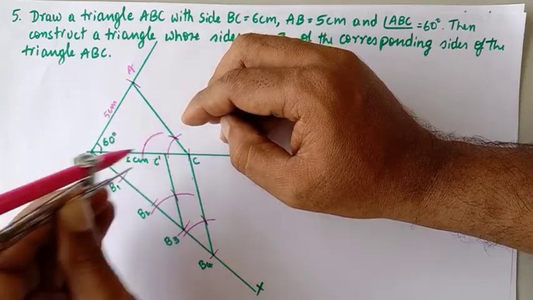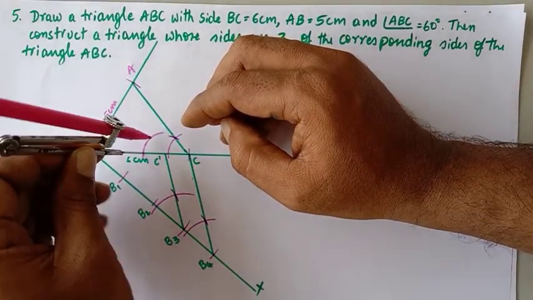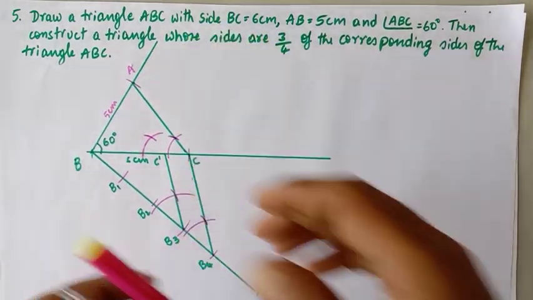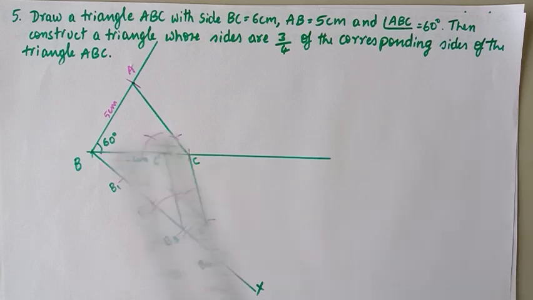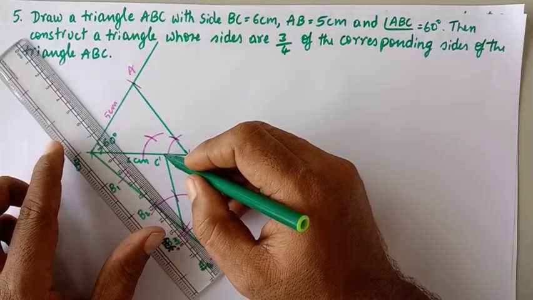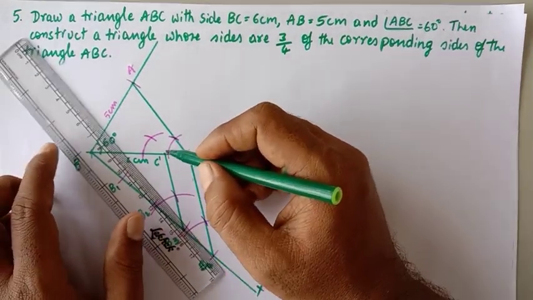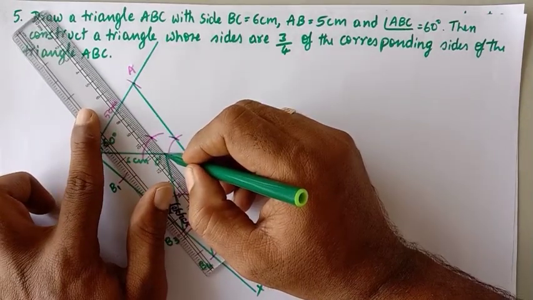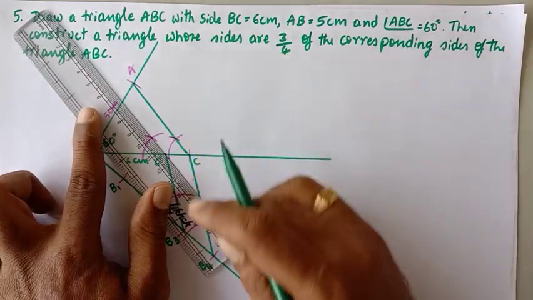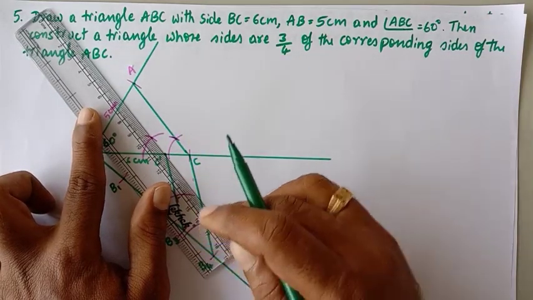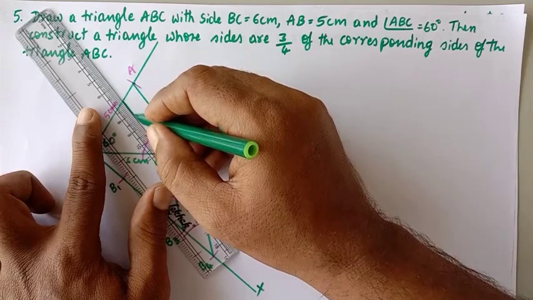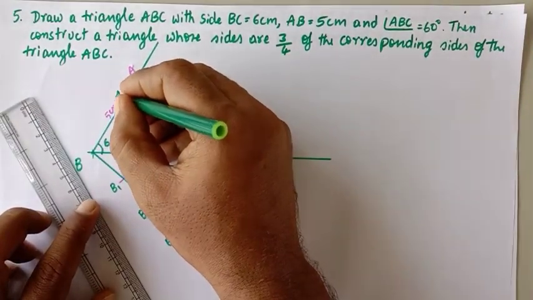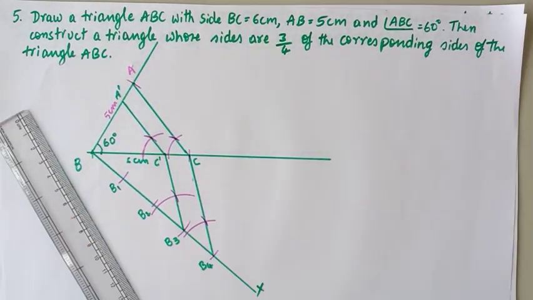Draw an arc, and then from this point you should draw another arc. Now I have finished. I will draw a line passing through this point from C dash to this point. Yes, this is A dash.